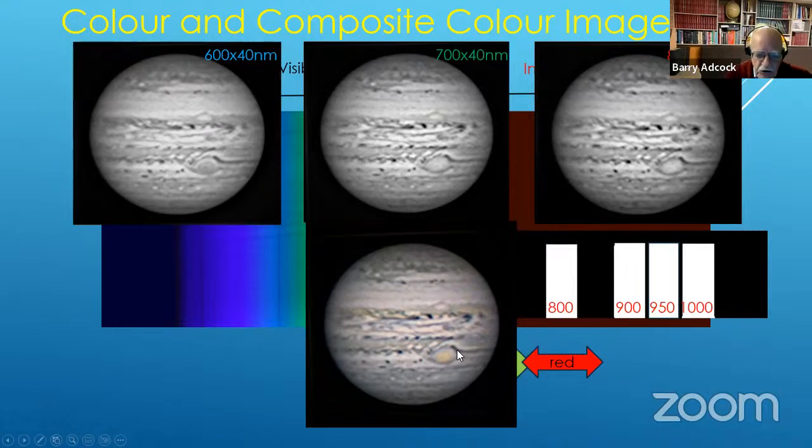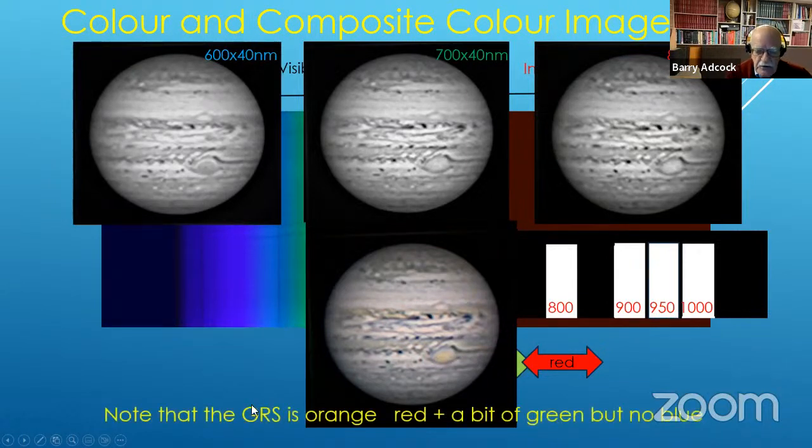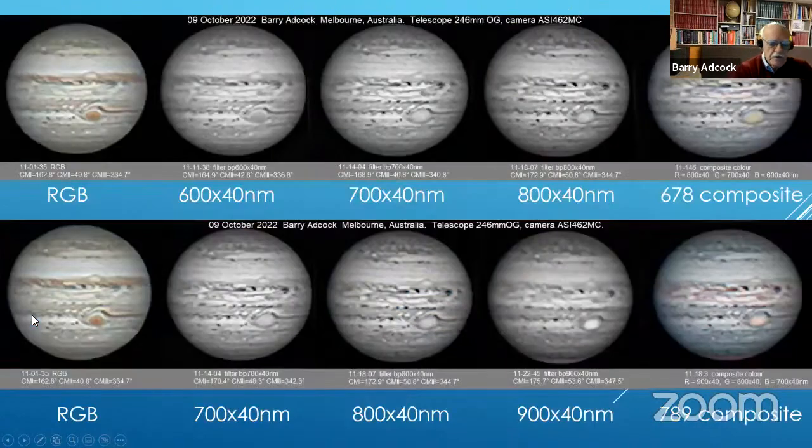If you look at the Great Red Spot, it's orange, and that means it's made up of red and a little bit of green, and there's no blue, and that's sort of confirmed from the images above. Allocating red, green, and blue to 900, 800, and 700 nanometers, 800 now being allocated to green, produces a picture of Jupiter with a green tinge to the background.